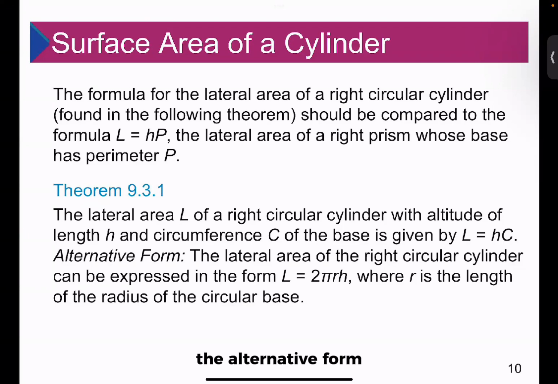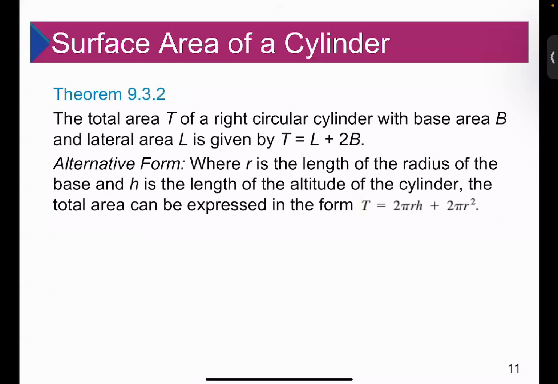The alternative form, the lateral area of a circular cylinder, can be expressed in the form L equal to 2 pi r h, where r is the length of the radius of the circular base. For Theorem 9.3.2, the total area T of a right circular cylinder with base area B and lateral area L is given by T equal to L plus 2B.